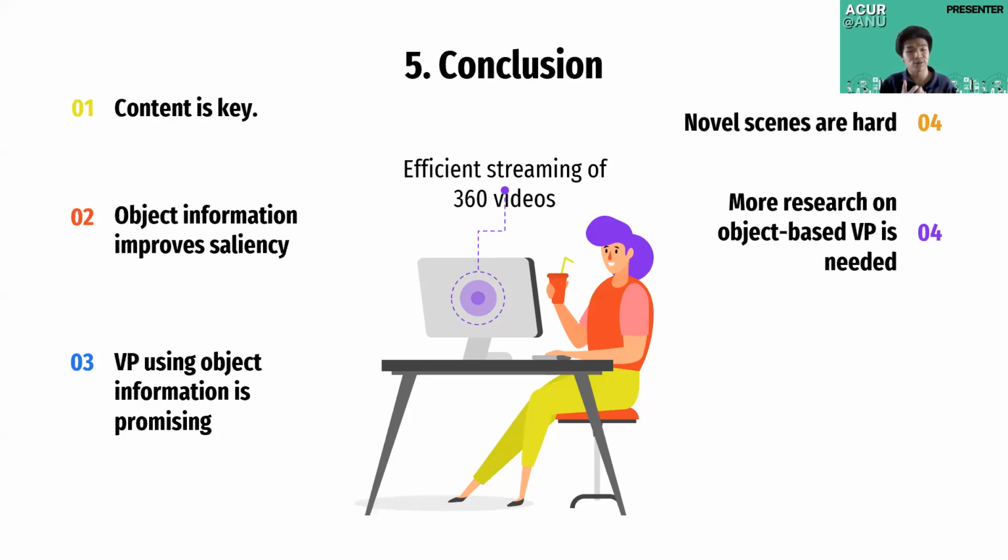But this research also raised interesting questions. We found that novel scenes are quite hard. Scenes that aren't traditionally viewed by users, such as scuba diving scenes or roller coaster scenes, are still quite hard to predict. There are still areas that we need to improve upon. And lastly, we found that this research area is still very much novel.